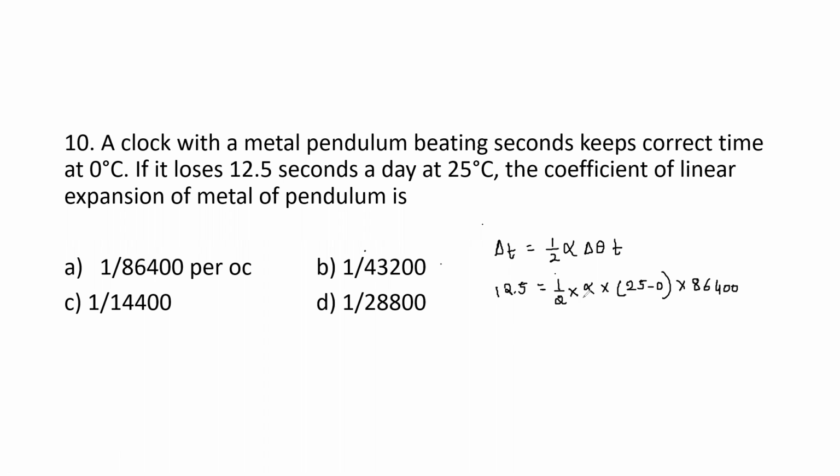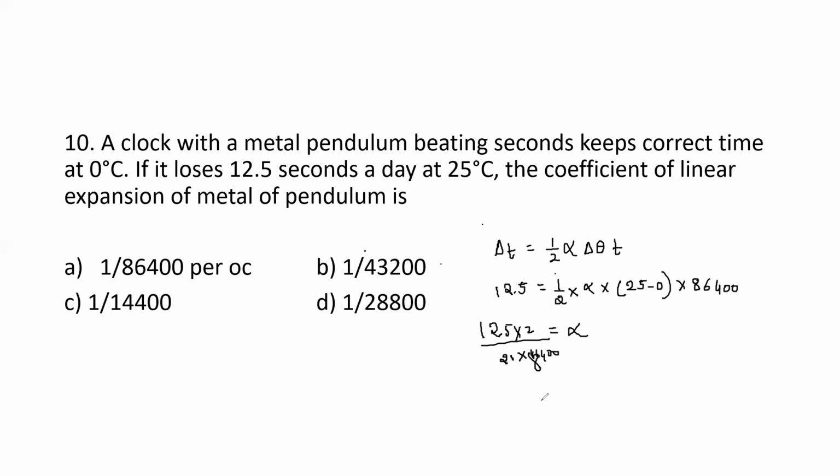Simplify this equation for α, which implies α = 12.5 × 2 divided by 25 × 86400.